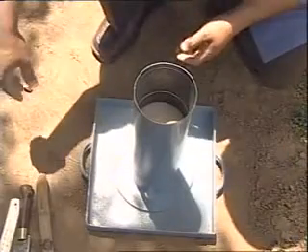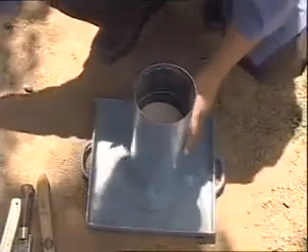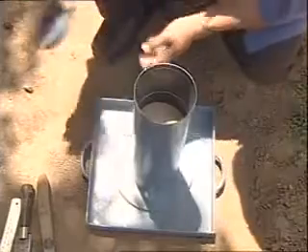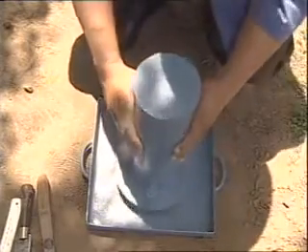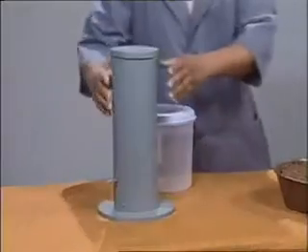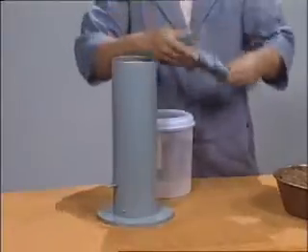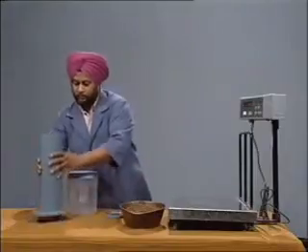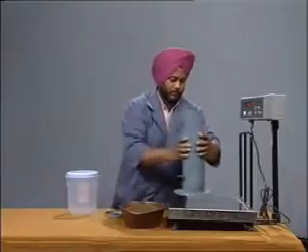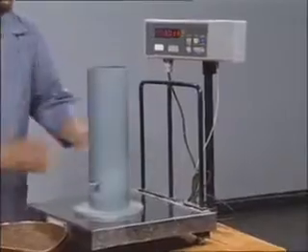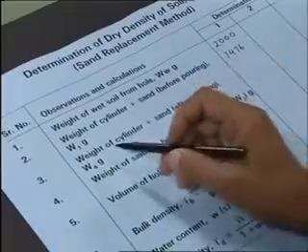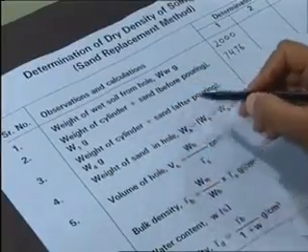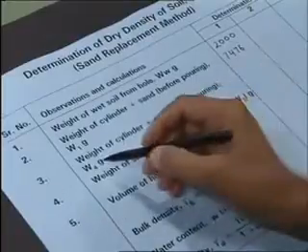Now close the shutter. Remove the cylinder from the excavated hole. Weigh this pouring cylinder with the remaining sand. Record the weight of cylinder with sand after pouring in hole, that is W4.